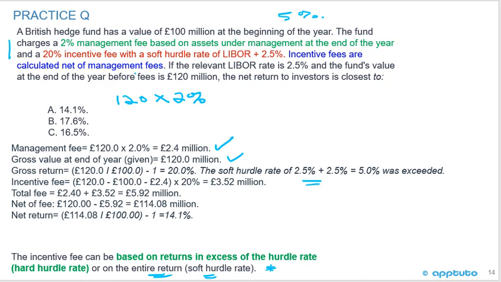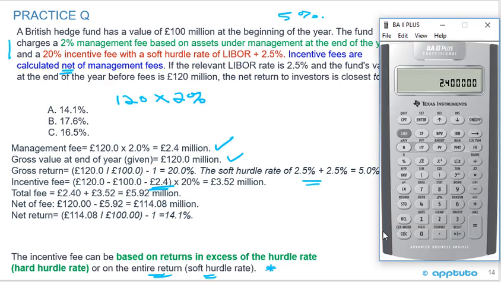So now we need to calculate the incentive fee. So incentive fees are, again, net of management fees. So I think you know what you need to do here. We're going to subtract that management fee in order to calculate the incentive fee. So again, that's not too difficult. We're going to do 120 million pounds at the end of the year, minus the 100 million pounds at the beginning of the year.